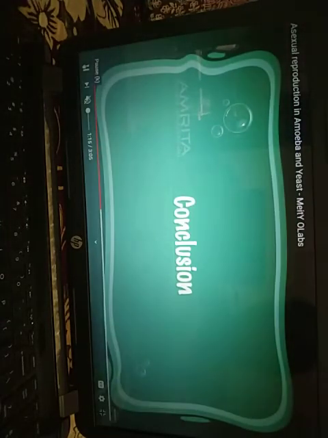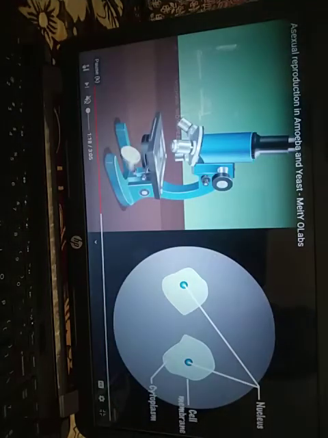Now what we conclude from this experiment is that a single amoeba can give rise to two daughter amoeba by the process of binary fission, in which we can see the nucleus, the cell membrane and the cytoplasm.